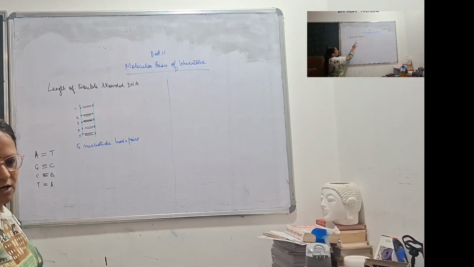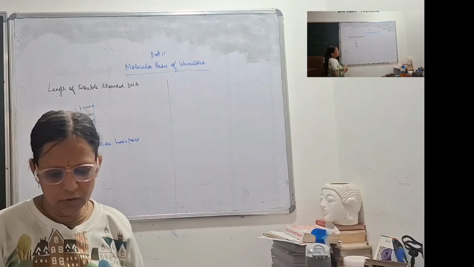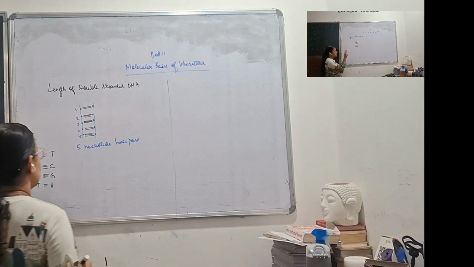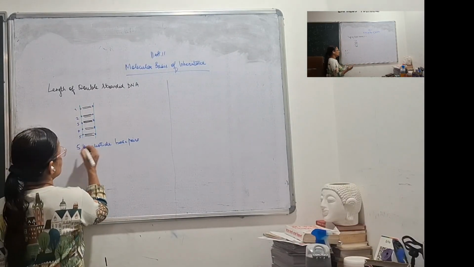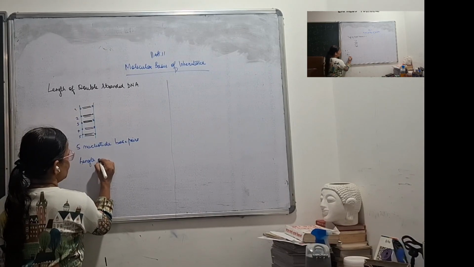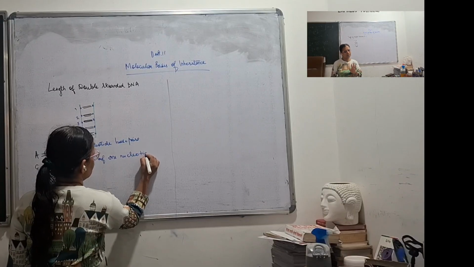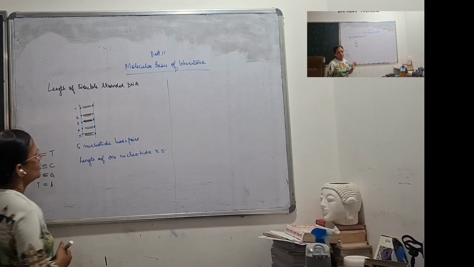That means the length of my DNA would be what? Okay. It would be calculated by the length of one nucleotide multiplied by 5. Okay.